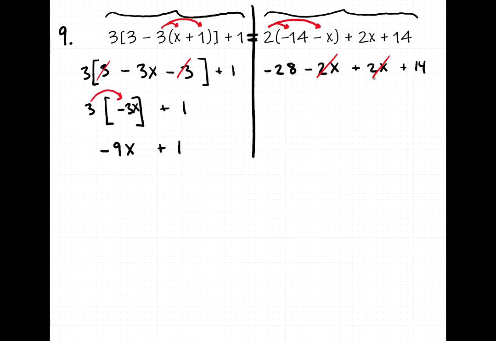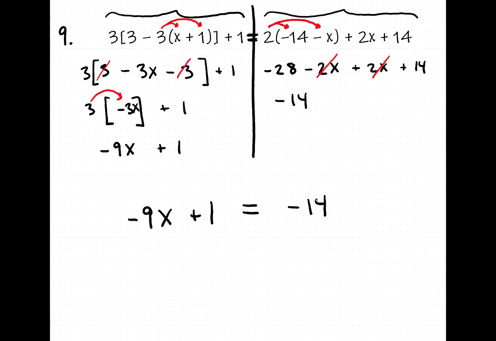And then we've got this -28 and this +14. So together, a -28, a +14, that gives us a -14. Okay, so we've simplified the left-hand side to -9x plus 1. We've simplified the right-hand side to -14. A much simpler, more succinct equation.